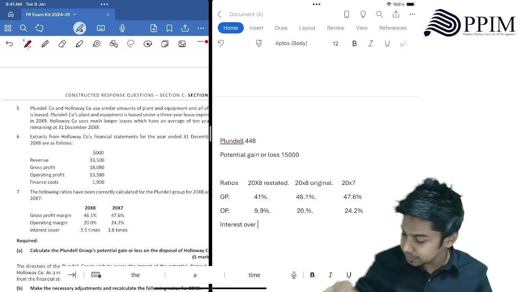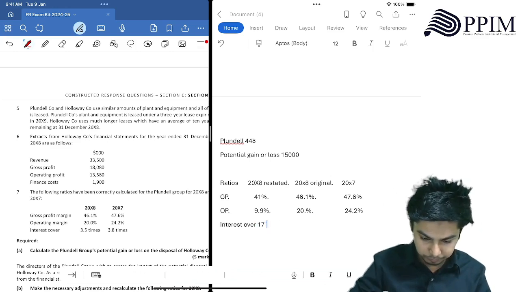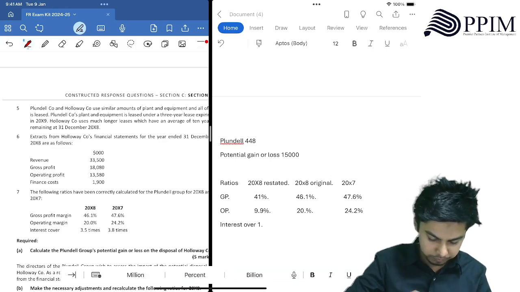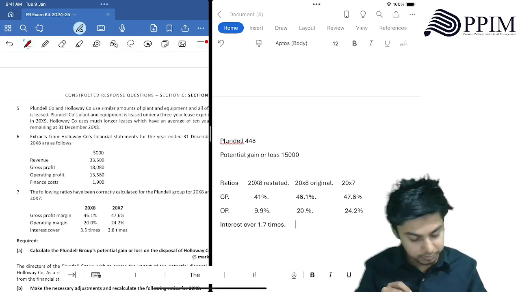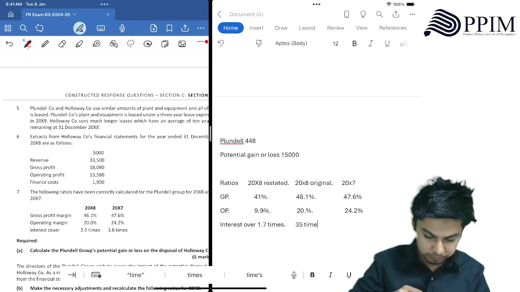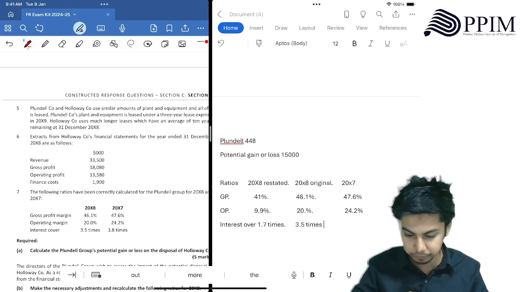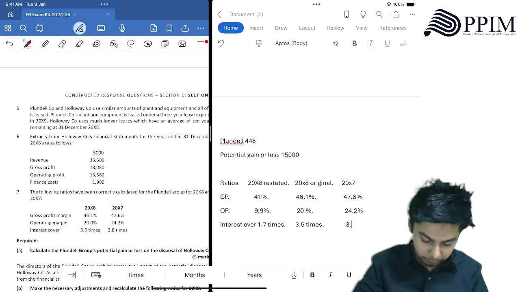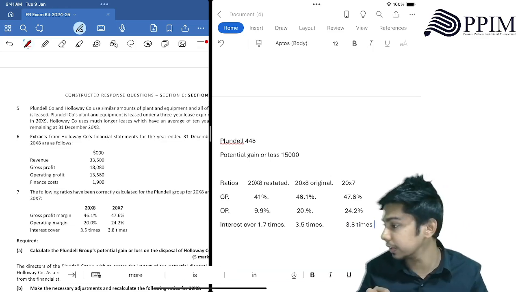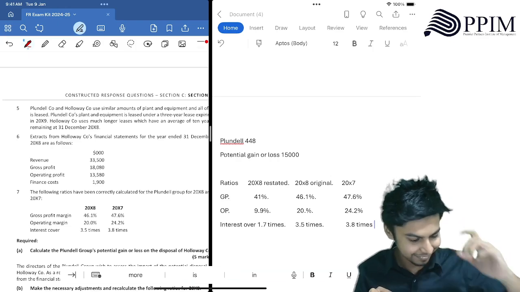Then guys, interest cover ratio 1.7 times. 3.5 times, and guys over here the answer is going to be 3.8 times. These are the answers, right?